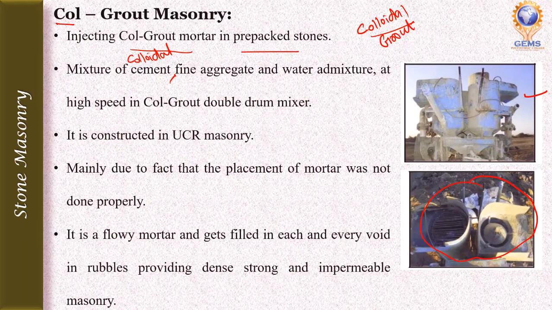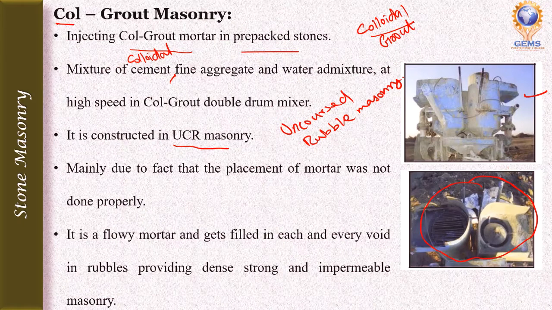This cold grout masonry is constructed in UCR masonry. UCR is uncoursed rubble masonry. Why do we use this? It was observed in UCR masonry that the voids in the rubbles are not filled up properly with cement mortar.